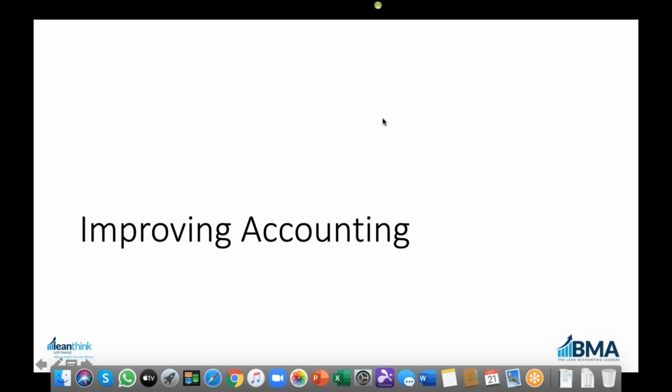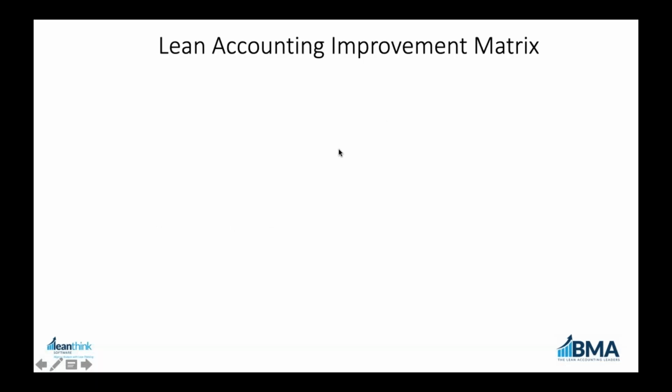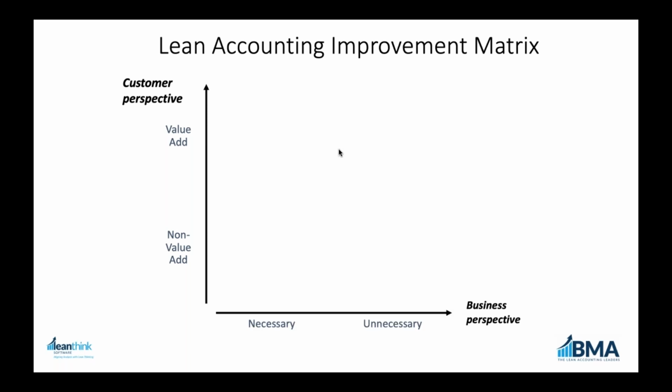And here's a way to think about what we work on in terms of improvement, what's important, what's not. If you look at it from a customer perspective, your company's customers, there's value added work and activities, then there's non-value added. From the business viewpoint, accounting is a necessary activity, but there are also unnecessary activities.